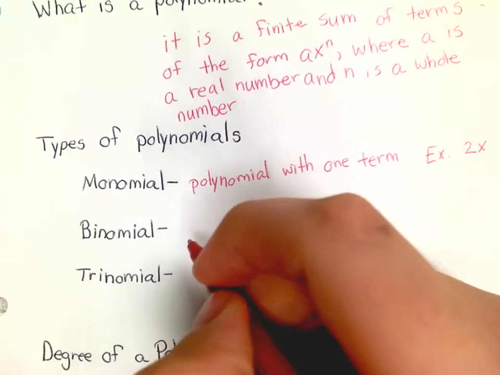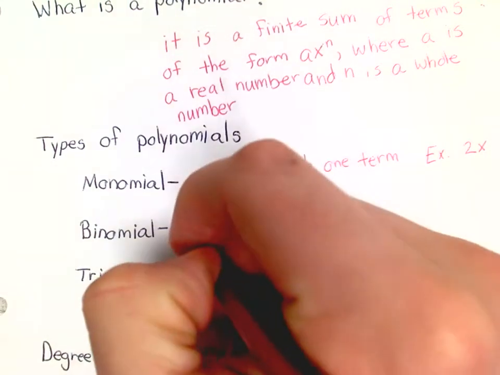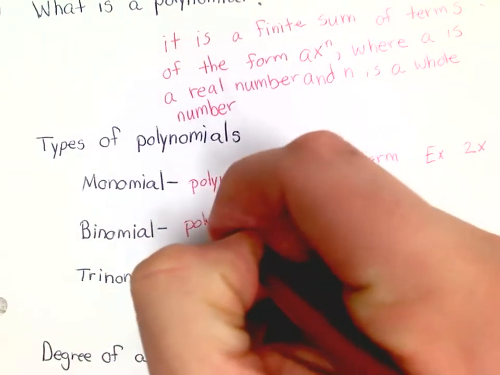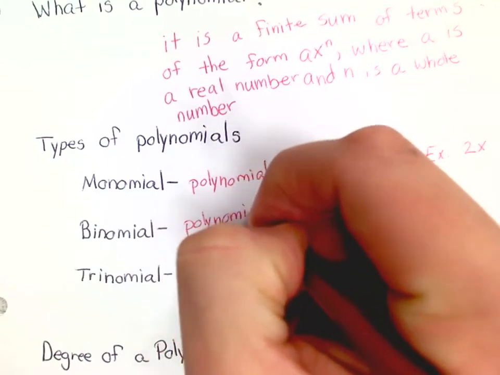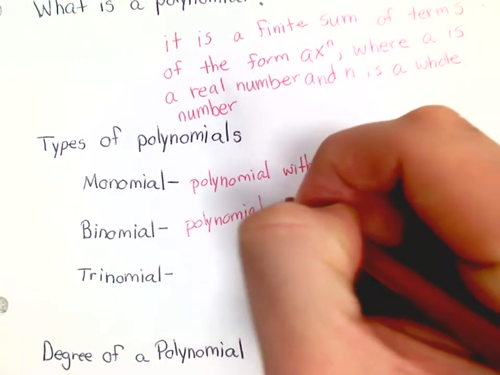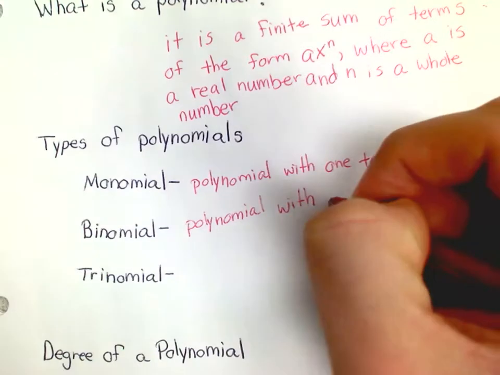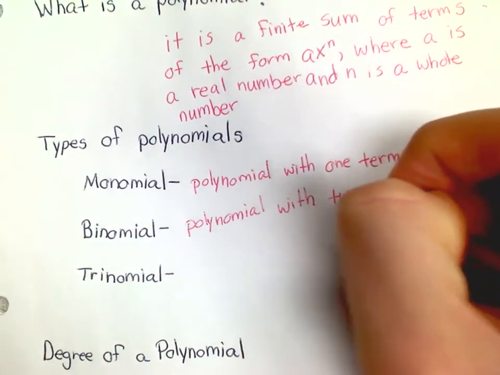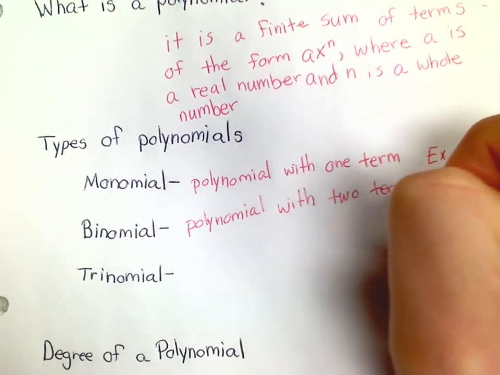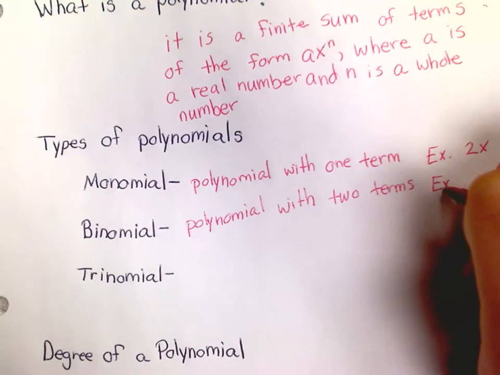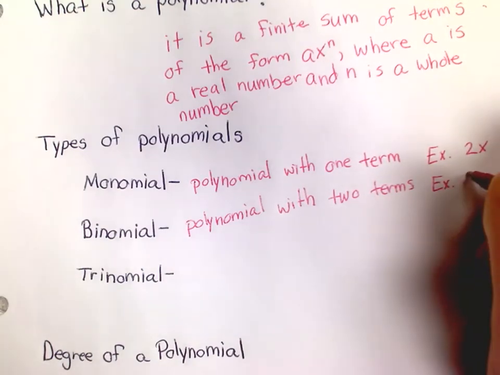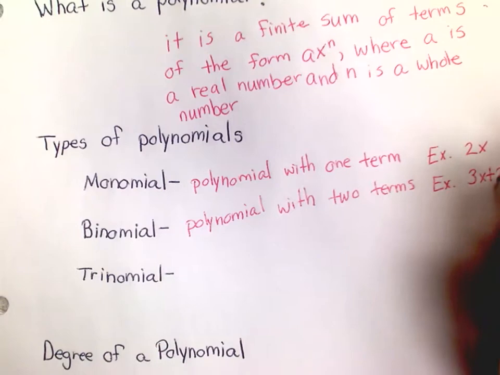What is a binomial? It's a polynomial with exactly two terms. An example, 3x plus 2.